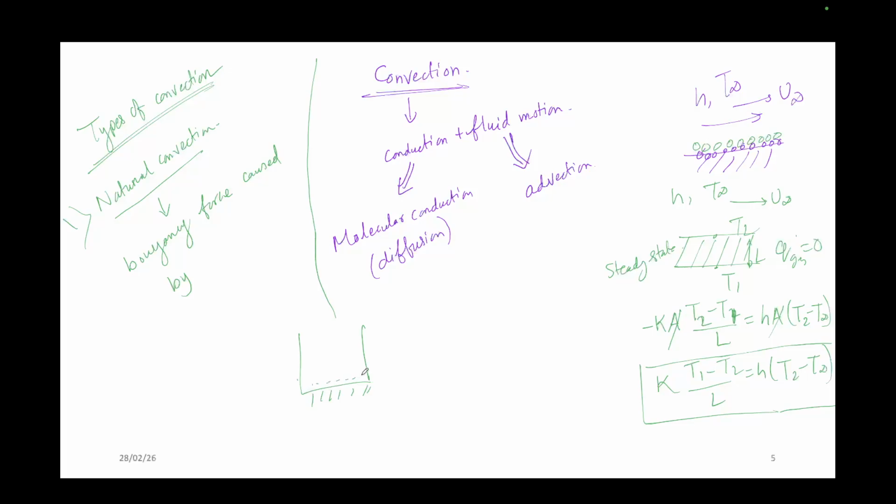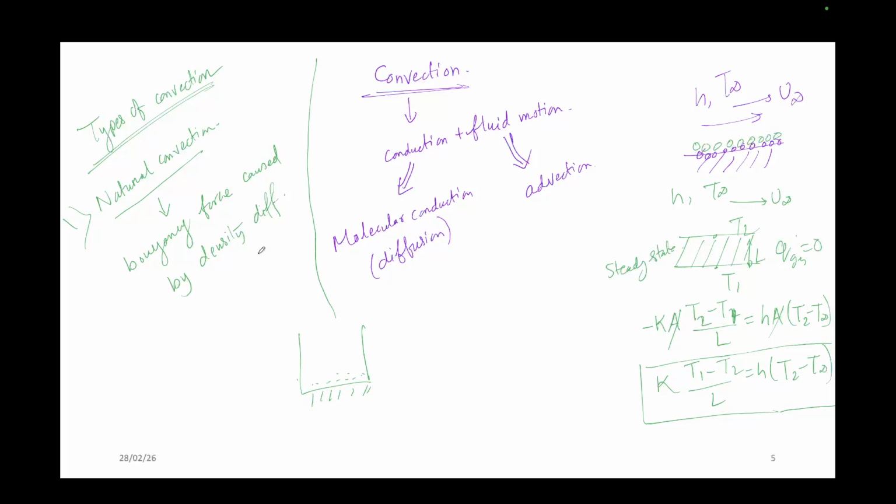So what will happen? Initially this fluid will heat up, its density will reduce, so it will move upward, and colder liquid will take its place. That means there is a density difference. The buoyancy force is happening mainly because of density difference.